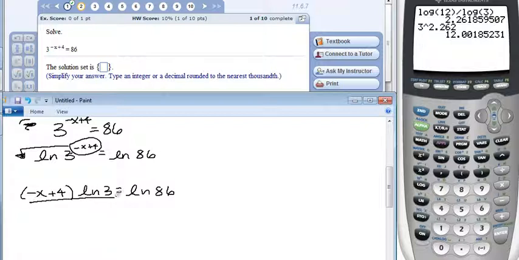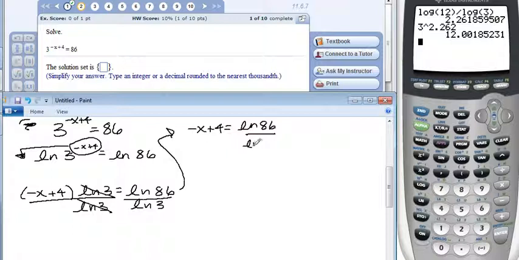So I'll start by dividing by the natural log of 3. Okay. So now I have -x plus 4 is equal to the natural log of 86 over the natural log of 3. I'm going to subtract 4 from both sides.